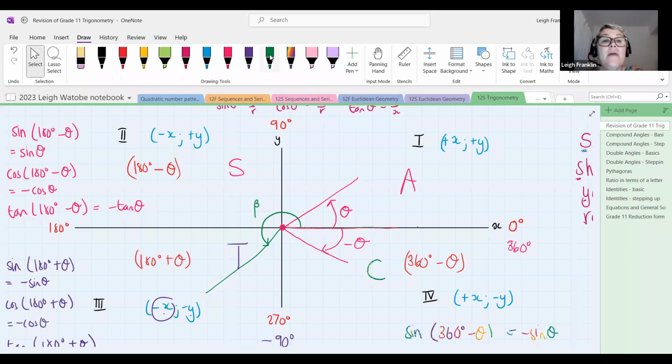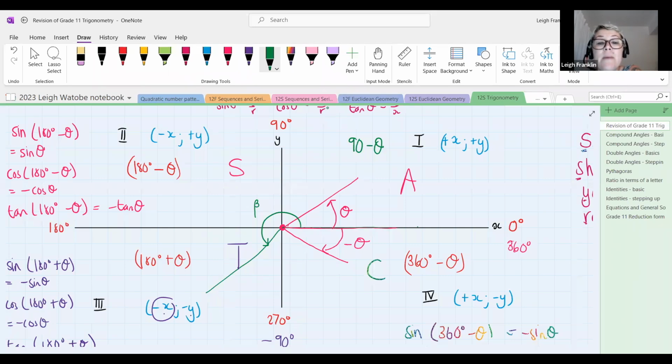Okay, now, the other thing that we need to mention is 90 minus and 90 plus. So 90 minus theta means that our terminal arm has gone up to 90 and then it's come theta degrees back in the opposite direction. So it's gone 90 degrees in an anti-clockwise direction and theta degrees in a clockwise direction.